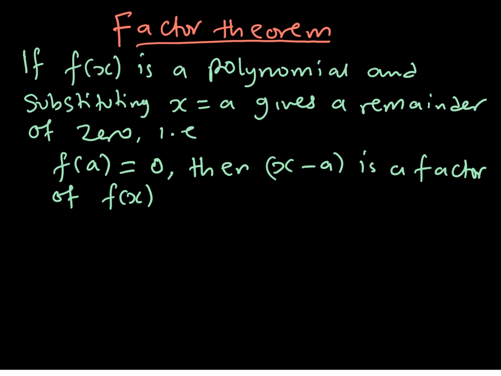As I've explained, this develops from the remainder theorem. So if you get 0 remainder upon substituting x is equal to a, then x minus a is a factor of f of x. And now, how do we use this to solve or to factorize polynomials?